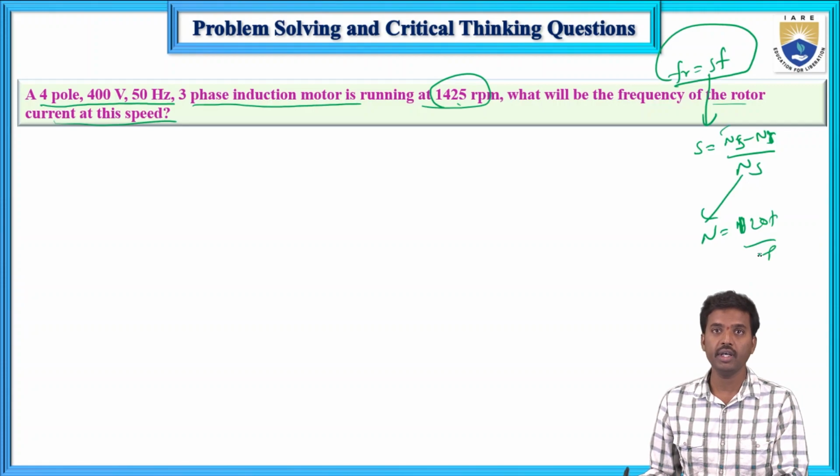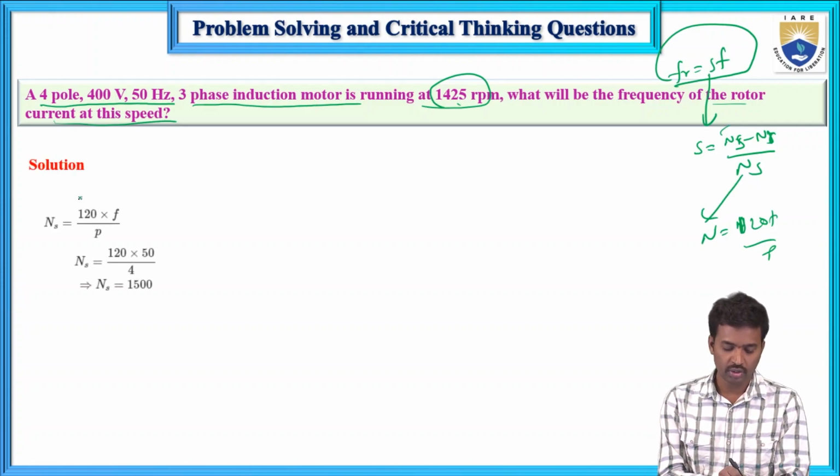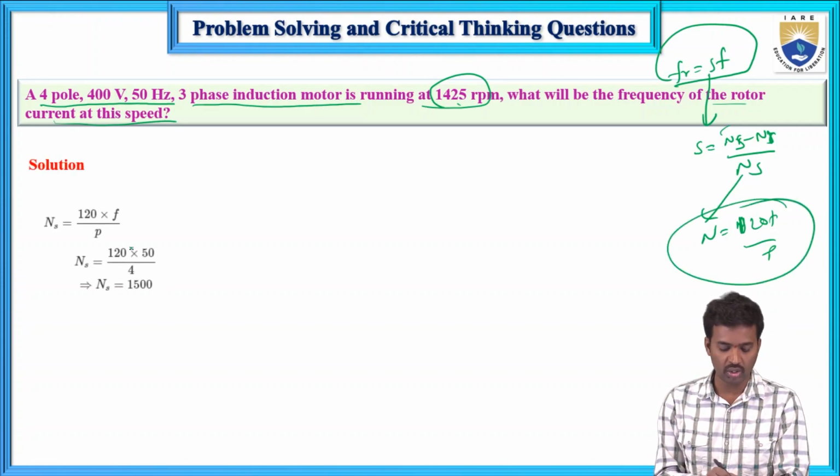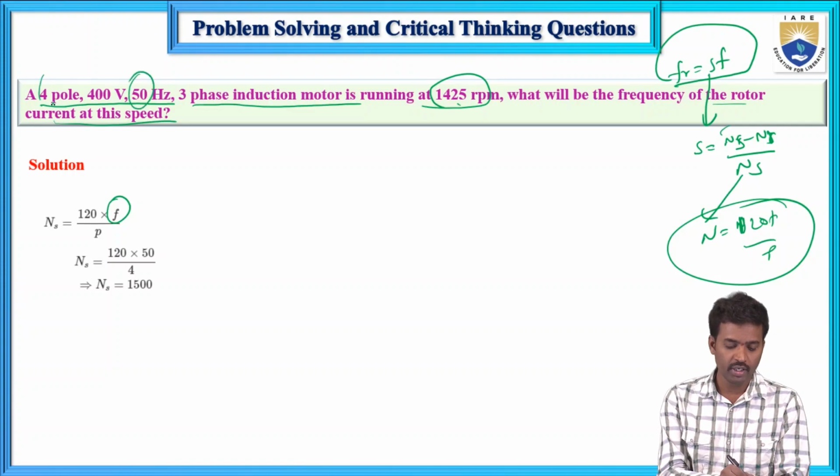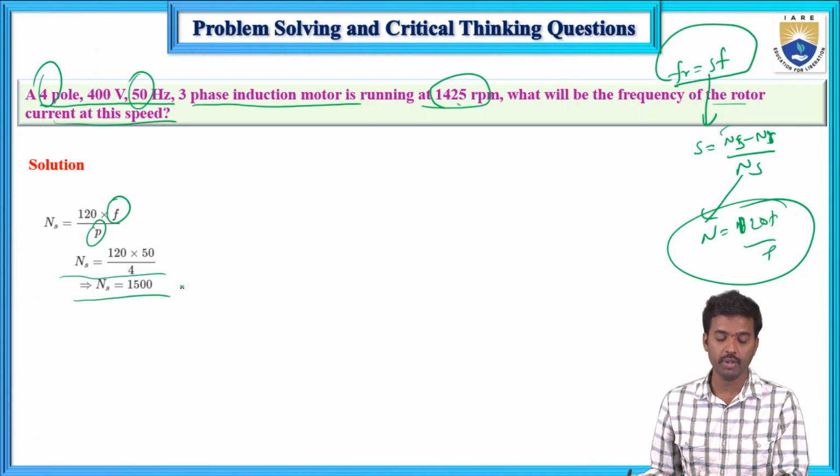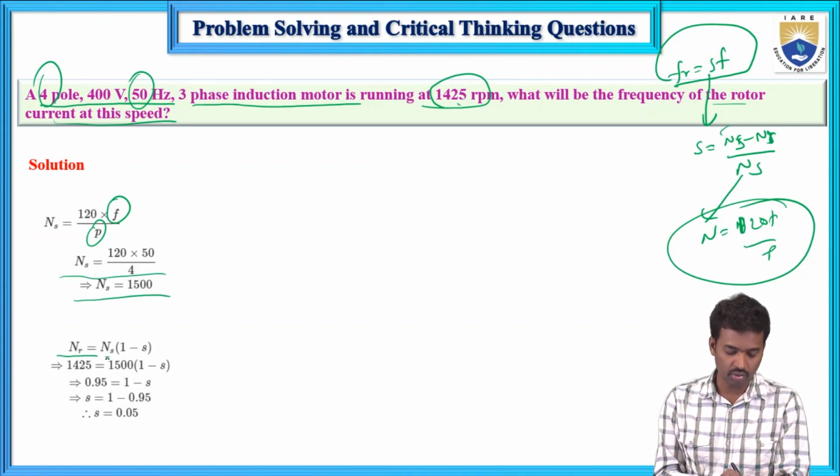So if you see the solution, first calculate Ns. Ns equals 120 f by p. So 120 into 50 by 4 equals 1500 rpm. Now Nr is the running speed, 1425. You need to calculate the slip value, or you can substitute in this also.